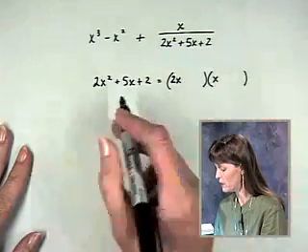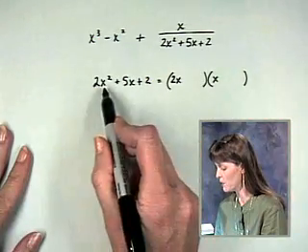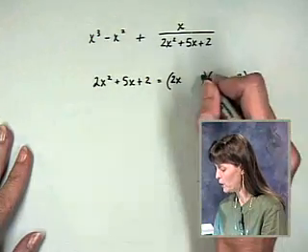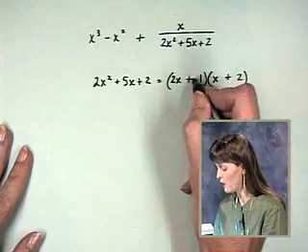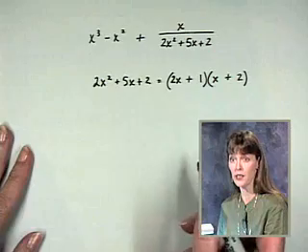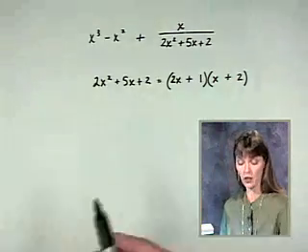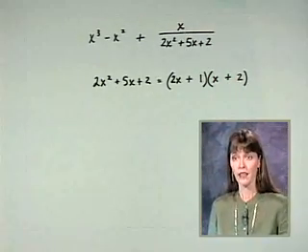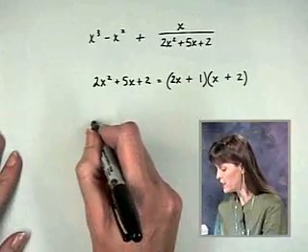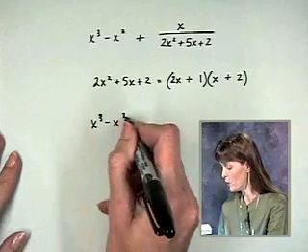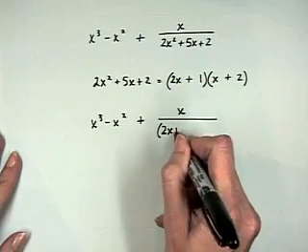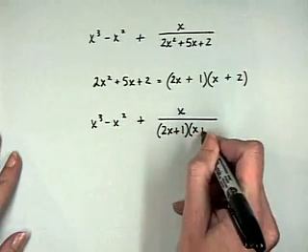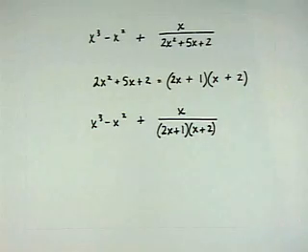We can multiply 2x times x to give us 2x², and if we put the factors of 2 in this order, 1 and 2, positive values, plus signs in both cases, then we end up with the factorization of that denominator. Now that we have that, we can rewrite this as x³ - x² plus x divided by (2x + 1) times (x + 2).